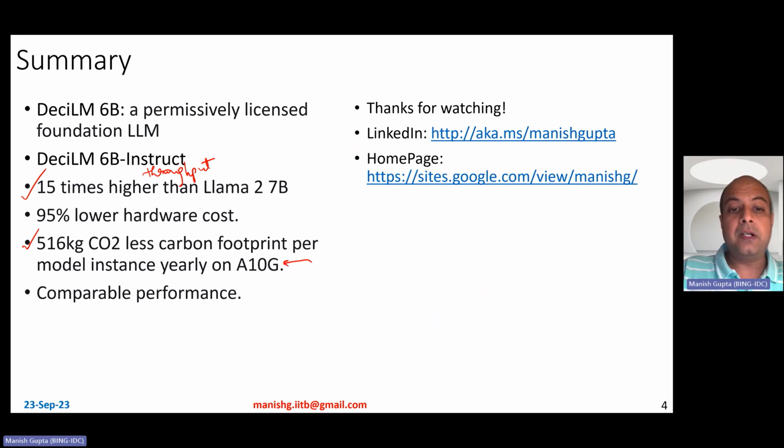From an accuracy perspective, it has comparable performance to the popular large language models in the same size range.